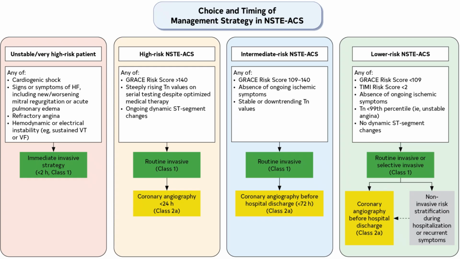Then lower risk non-ST elevation MI, any of: GRACE risk score below 109, TIMI risk score of less than 2, absence of ongoing ischemic symptoms, troponin less than the 99th percentile, and no dynamic ST changes. Routine invasive or selective invasive strategy: non-invasive risk stratification during hospitalization or recurrent symptoms, or coronary angiography before hospital discharge.